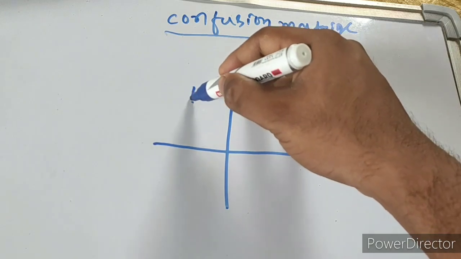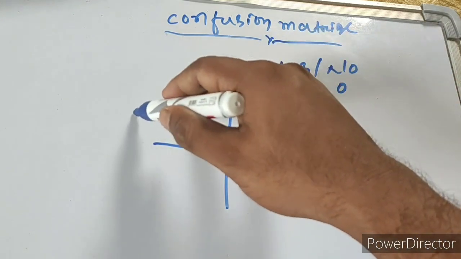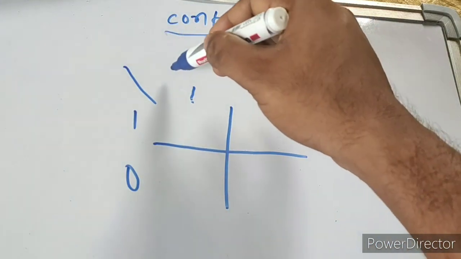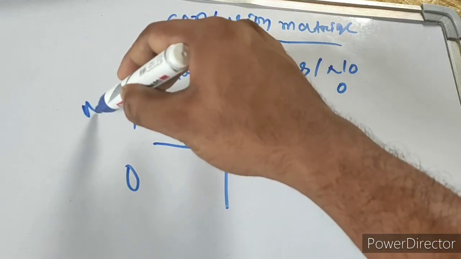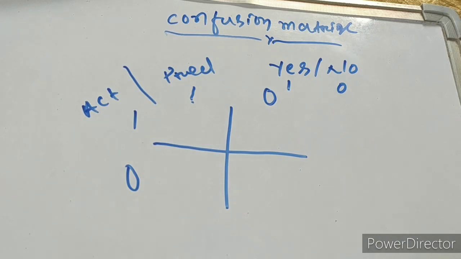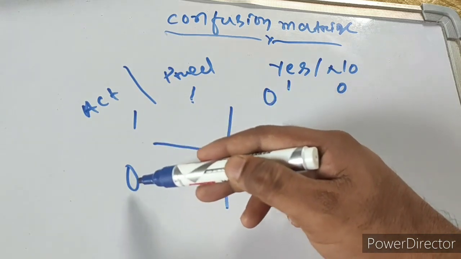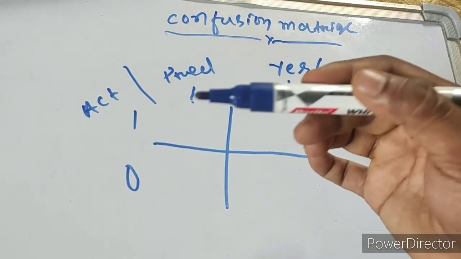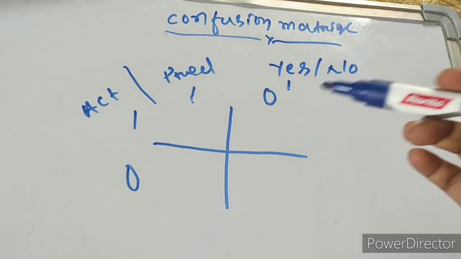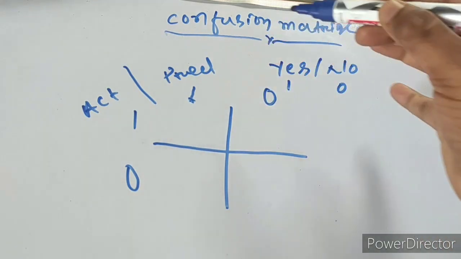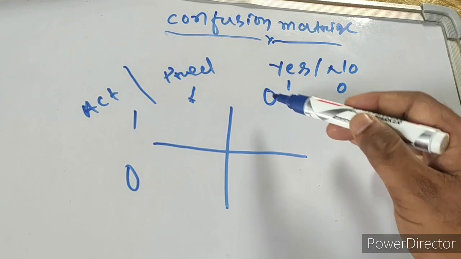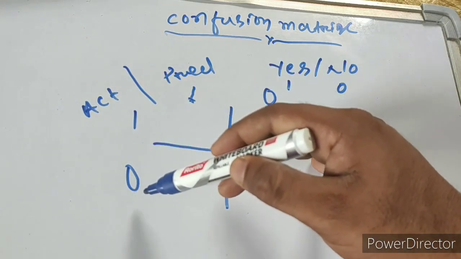The upper side, the column side, is the predicted column, and the row side is the actual. The columns represent the predicted values, and the rows represent the actual values present. The first column is 1 or yes, the second column is 0. Like that, the first row is 1 and the second row is 0.